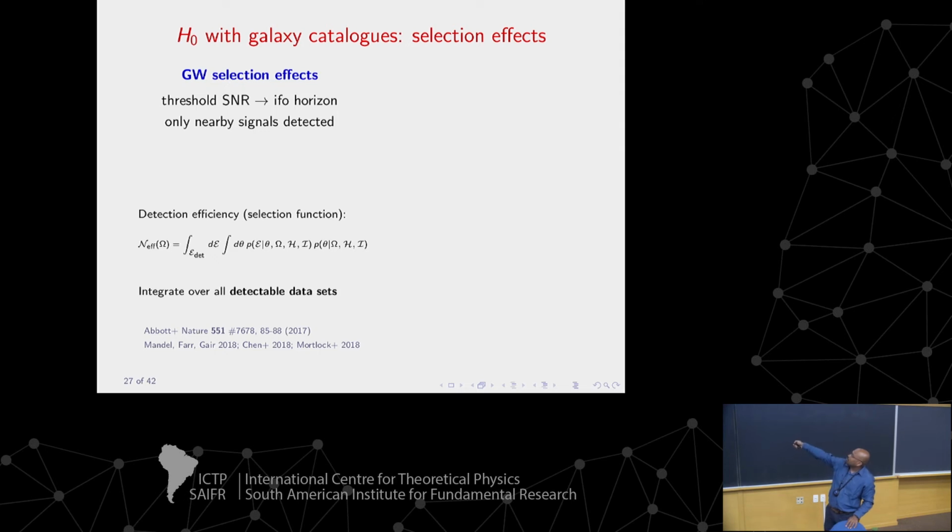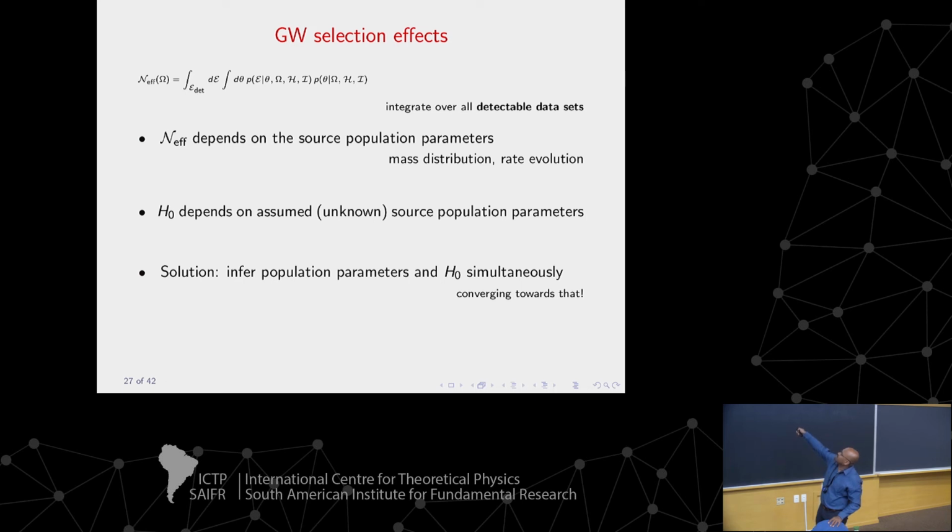In order to undo this bias, one needs to calculate the detection efficiency, which is obtained by integrating over all the detectable data sets and putting this detection efficiency in the denominator of the likelihood. However, in order to calculate the detection efficiency, one has to assume the source population parameters. In order to know what kind of sources we will detect, in order to integrate over all the detectable data sets, we need to know the source population parameters.